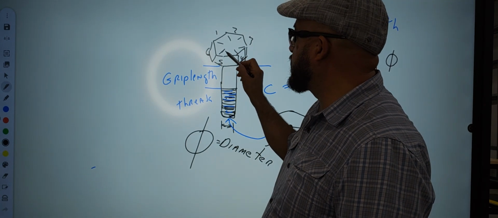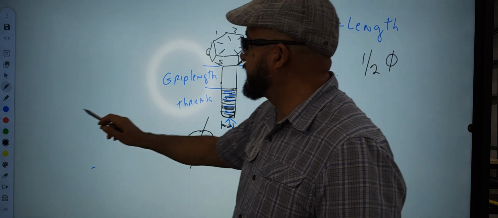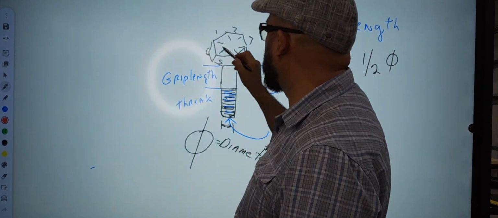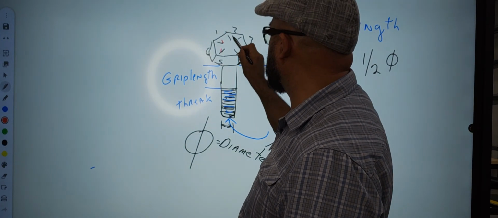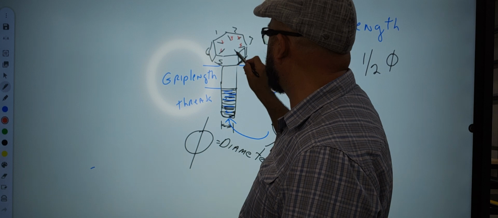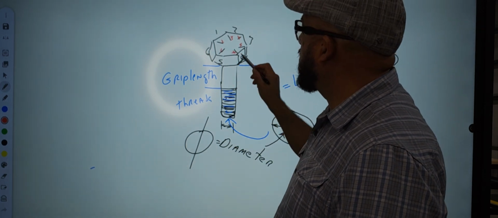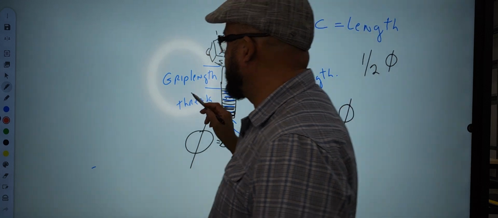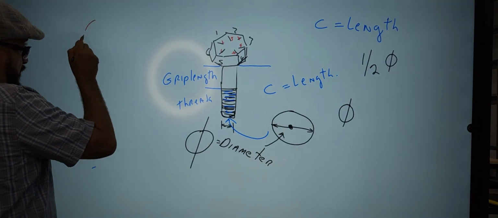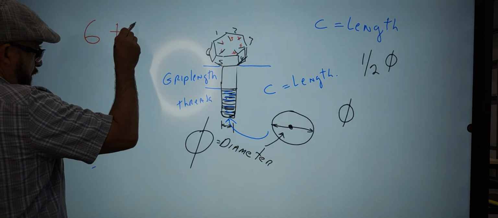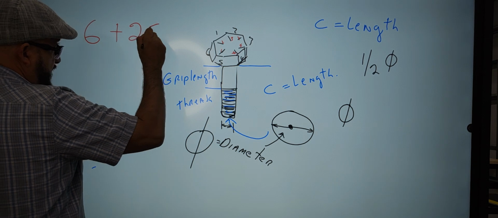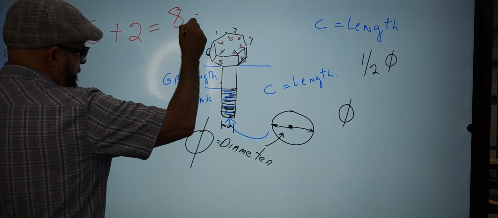How many lines do you see? You can start anywhere: there's a 1, 2, 3, 4, 5, 6. You have 6 lines. You add 2 more, and this is going to be an 8th grade bolt.